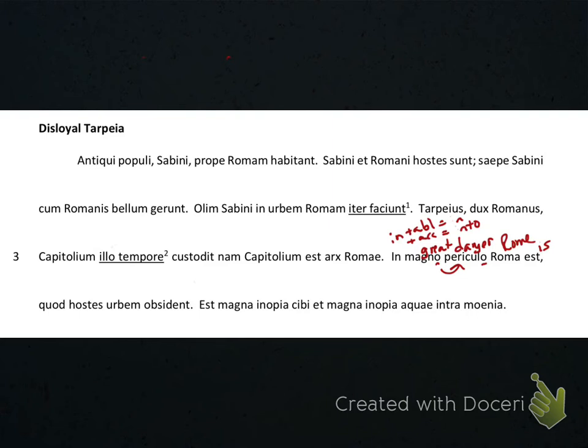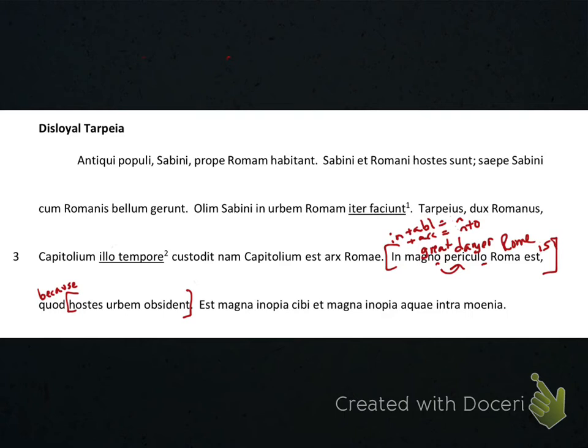And then after est, I see the word quod, which means because. This tells me I want to stop. And the reason I want to stop is because the word because is a conjunction. And that means that everything that comes after because is an idea and has to stay together. And it also means that everything in front of the word because is an idea and has to stay together.